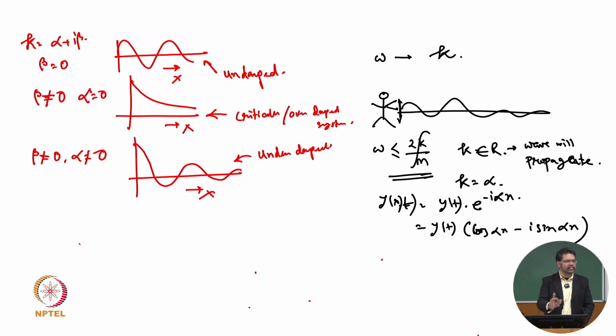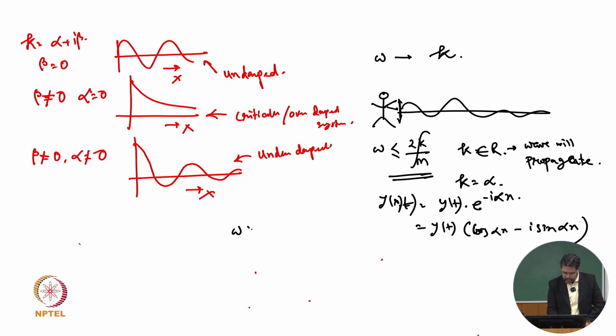Now the frequency exceeds. You become so energetic, you think, okay, why not do it very fast, and you see that the wave is no longer propagating. Why does this happen?